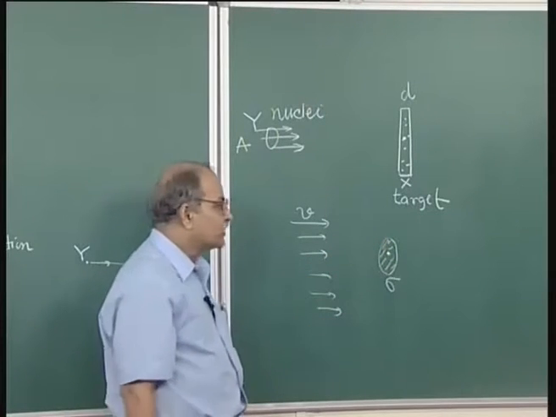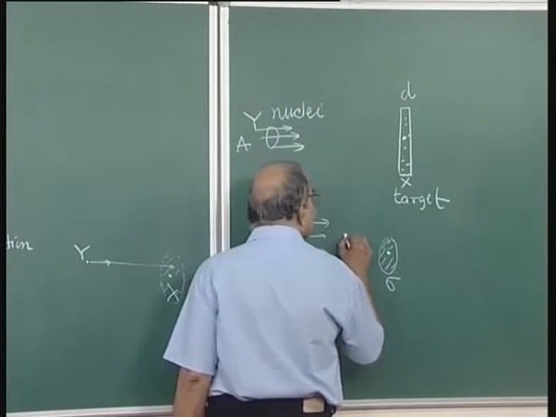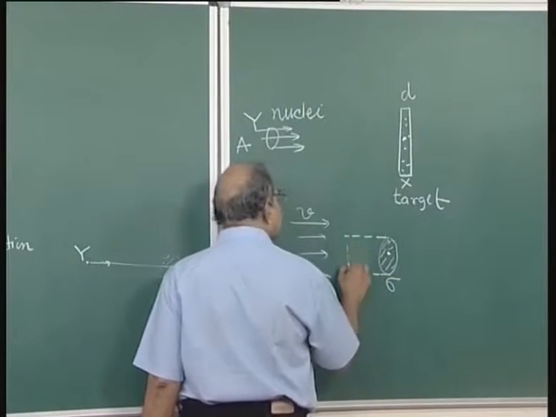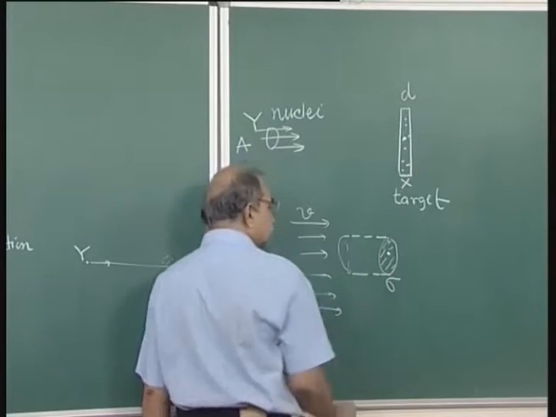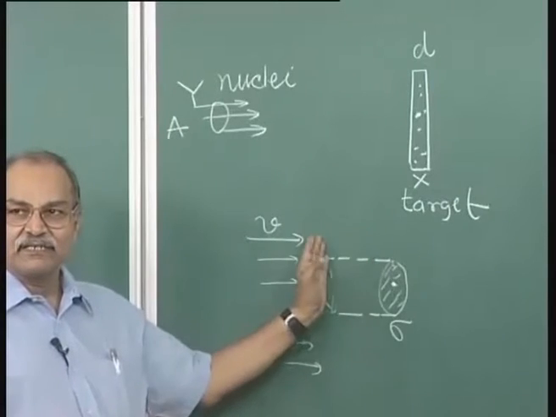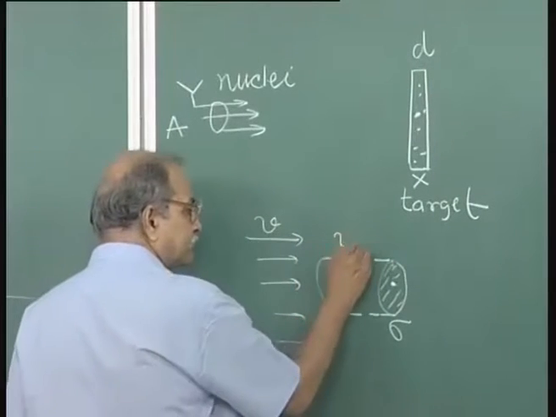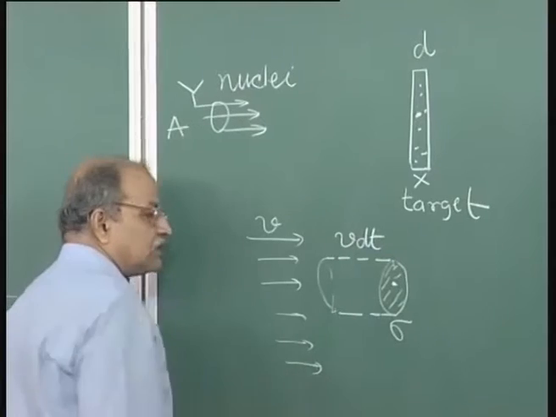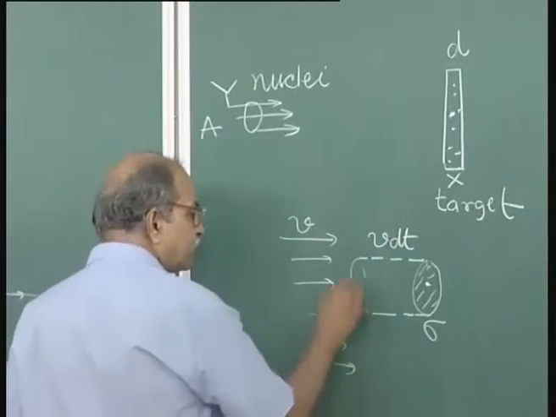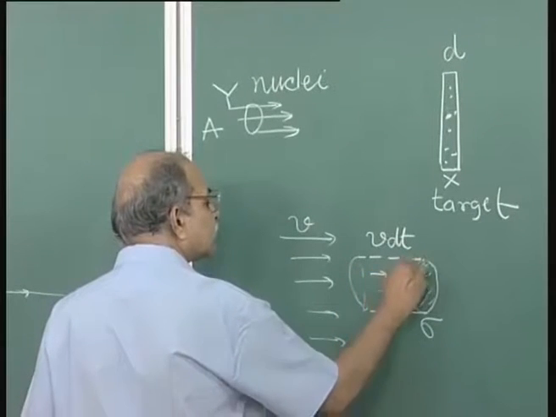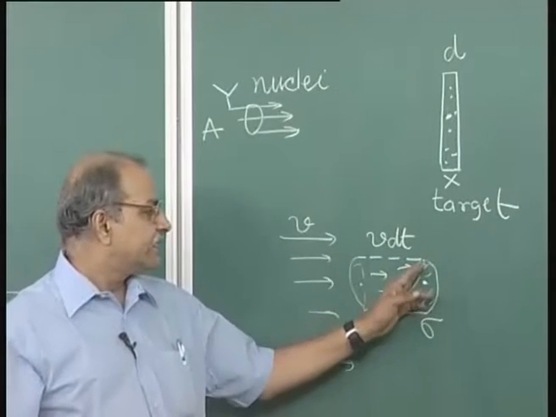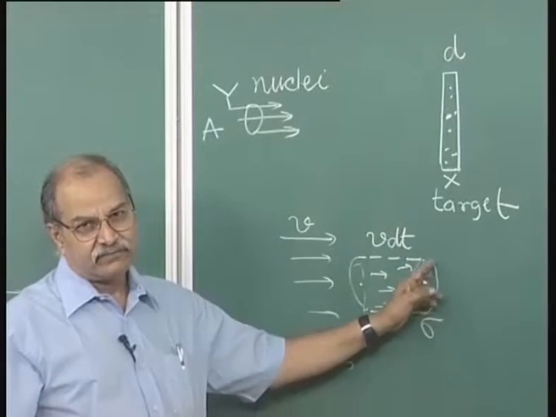So, what I can do is mentally construct a cylinder here with one face at sigma, the other face parallel to it, and length of the cylinder v into dt. At any instant, whatever y nuclei are inside this volume, they will hit this area.